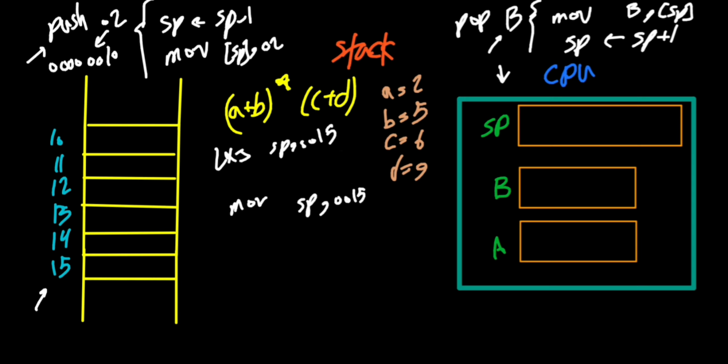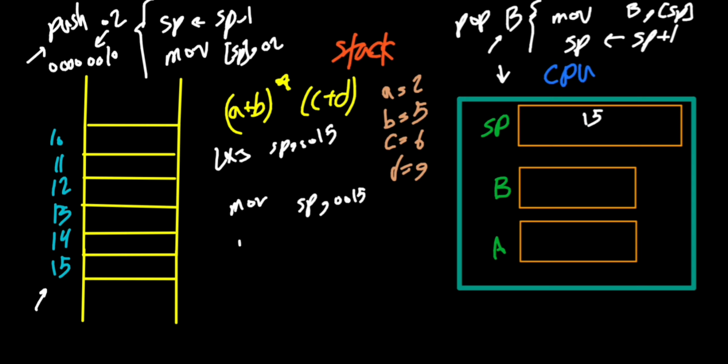So now in SP we have the value of 0015, or in binary it would be 0000 0000 0001 0101, or in decimal it would be 21. But for simplicity, I'm just showing the value of 15 in the SP, but you know it has been encoded using 16 bits and it is in hex.